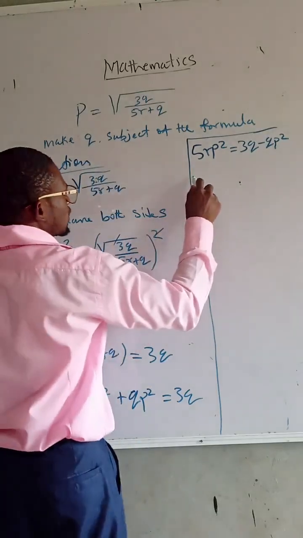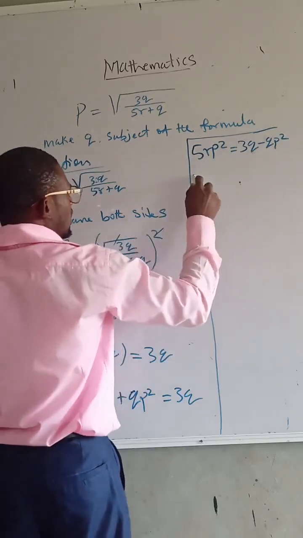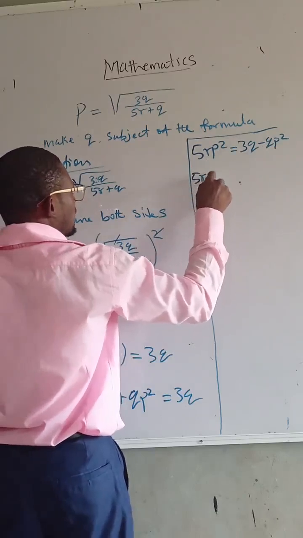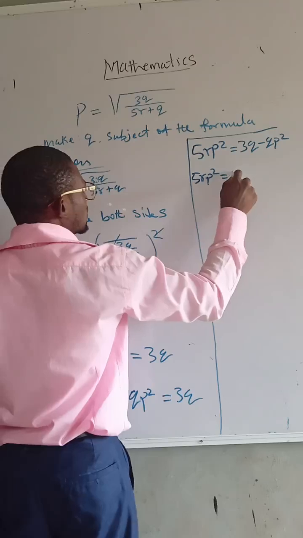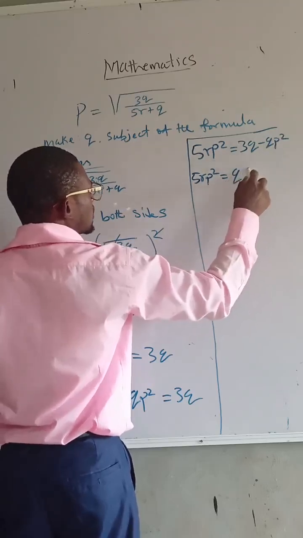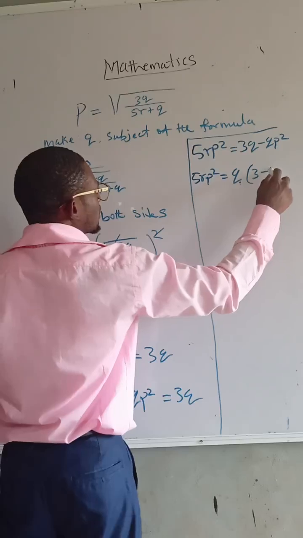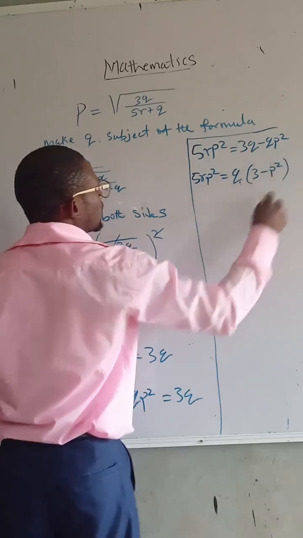Okay, so that's what is common among them, and it is q, right? So I have my 5rp squared equals, bring that term that is common among them outside, that is q, bracket what? 3 minus p squared.